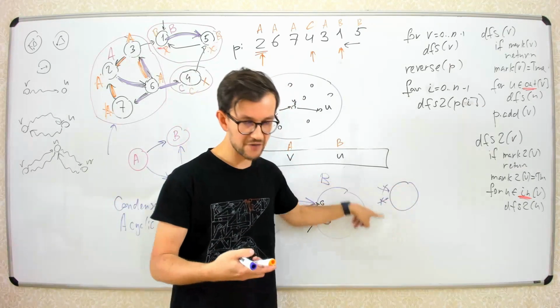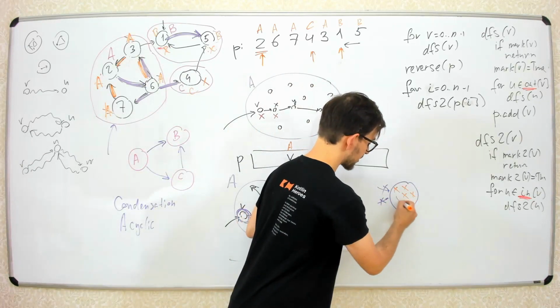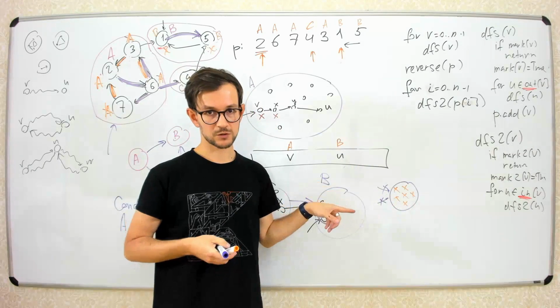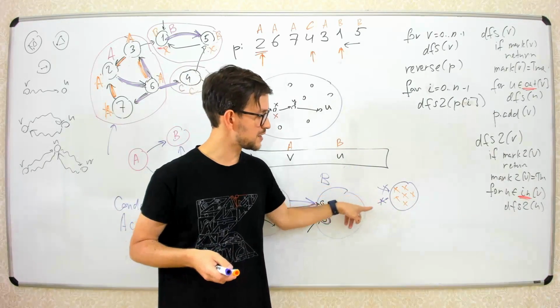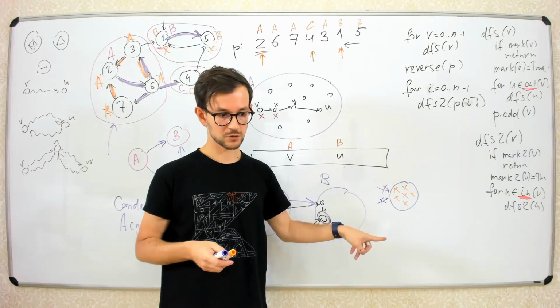So you will visit and mark everything inside this component, but you can't go out of this connected component since you don't have any ingoing edges. So you will visit only this strongly connected component.